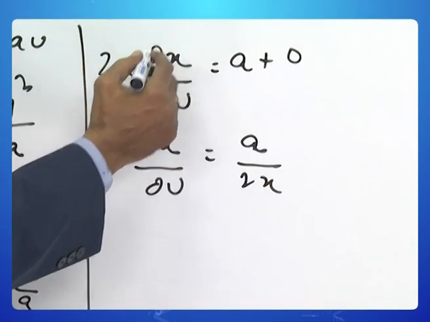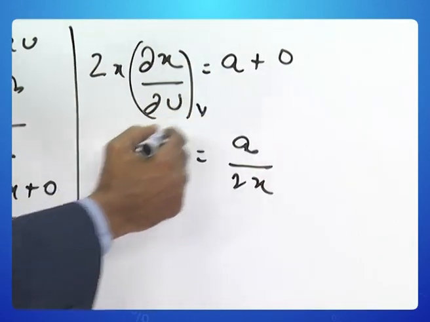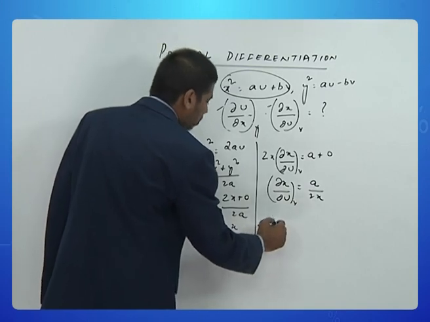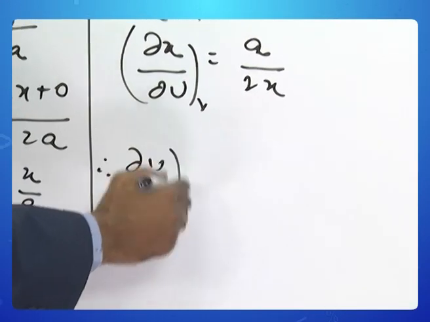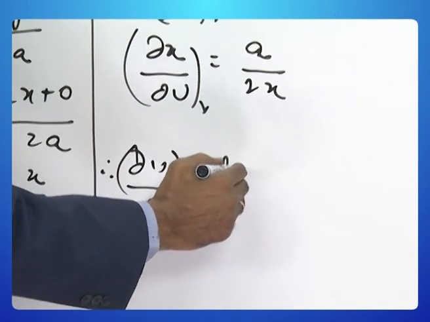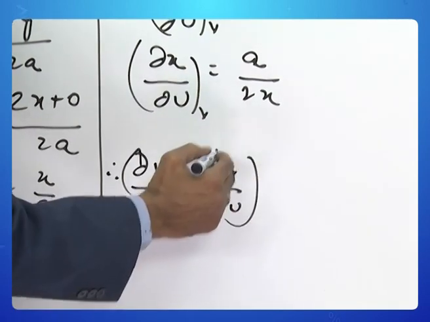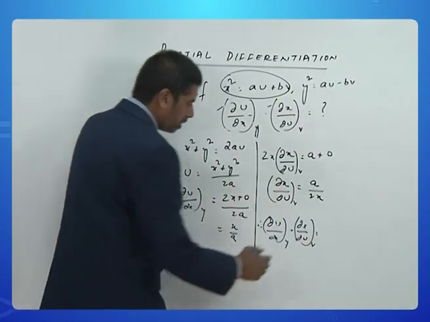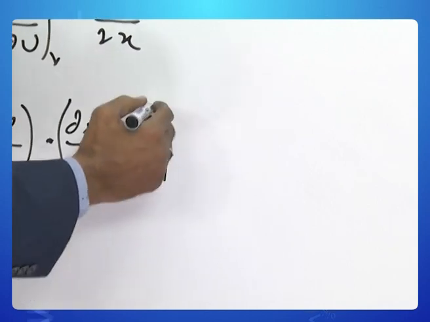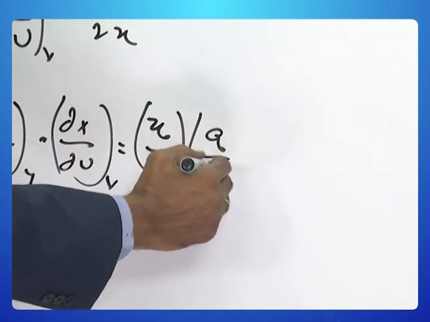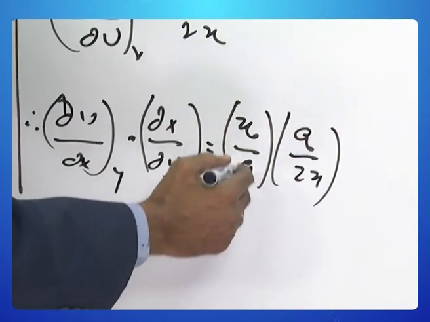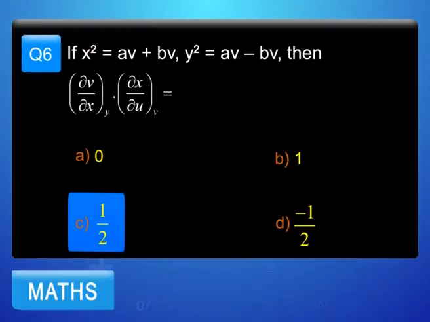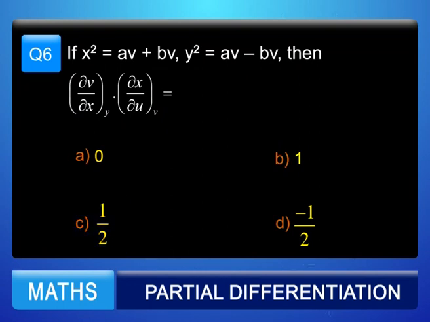This is with respect to u, therefore v is constant. Therefore, dou u by dou x with y constant into dou x by dou u with v constant is equal to the product of x by a and a by 2x. So you can see that the output is half. So C is the correct option for this problem.